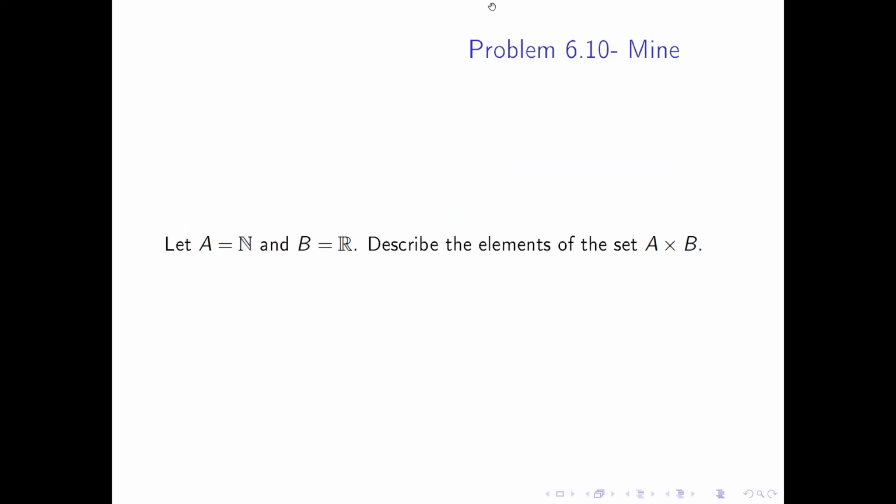Well, if we're just looking at this, we might say that A cross B equals the set, obviously, of (a, b) such that a is a natural number and b is a real number.